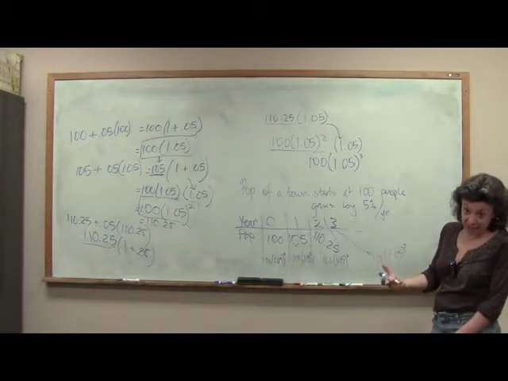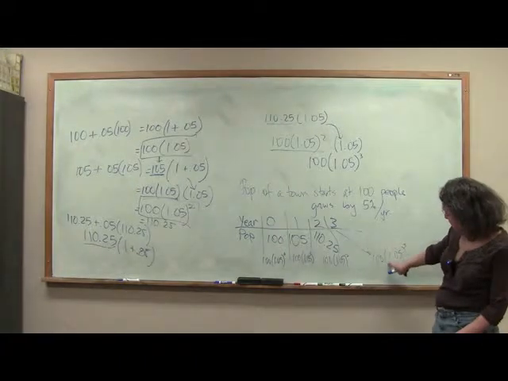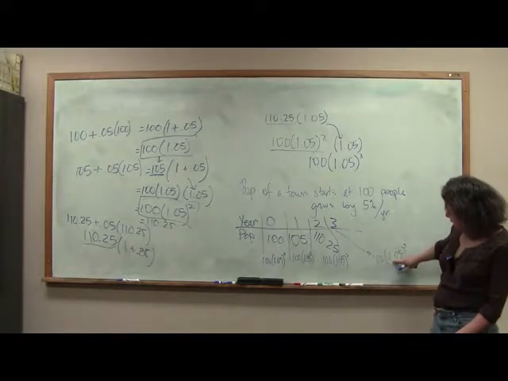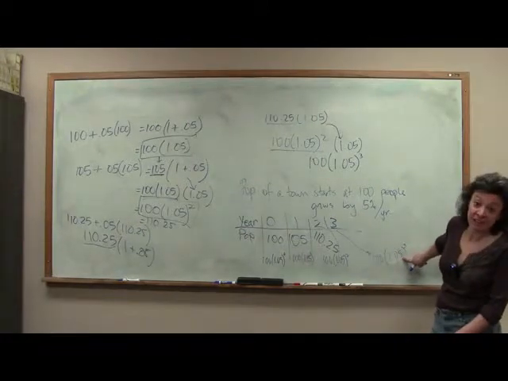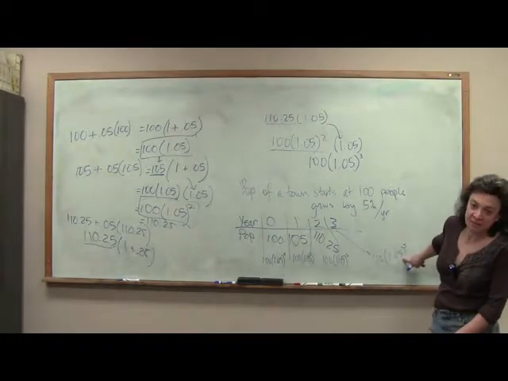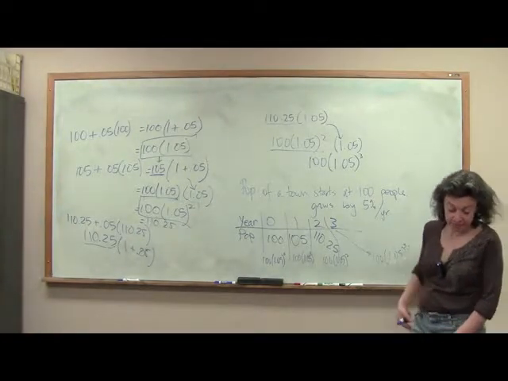So where did this 1.05 come from? Well, notice we get 100% of what we had, and then we're adding on 5%. And the way we express 5% in decimal form is 0.05.